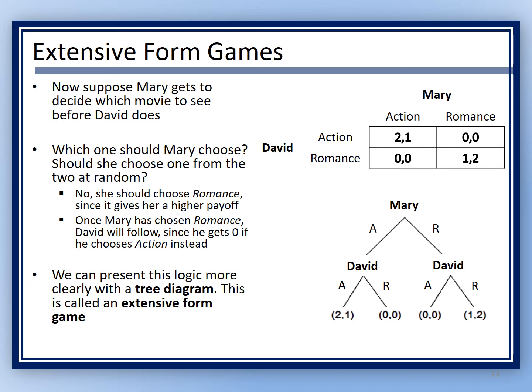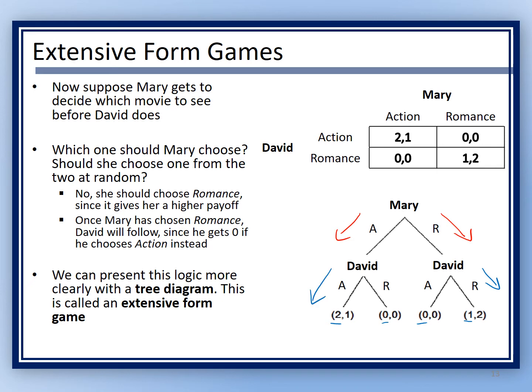You can see that if Mary chooses the romance movie, David is choosing between going to the romance movie and getting 1, or choosing the action movie and getting 0. So he's also going to choose the romance movie. But if Mary chooses the action movie, David is choosing between the action movie getting 2 and the romance movie getting 0.